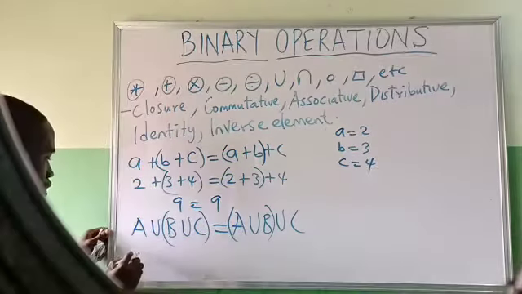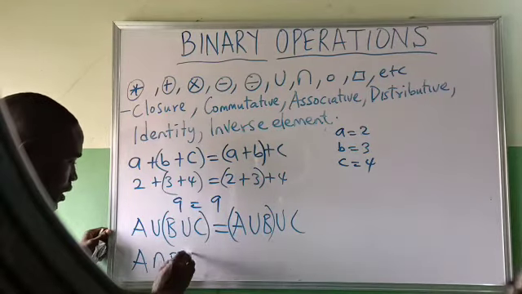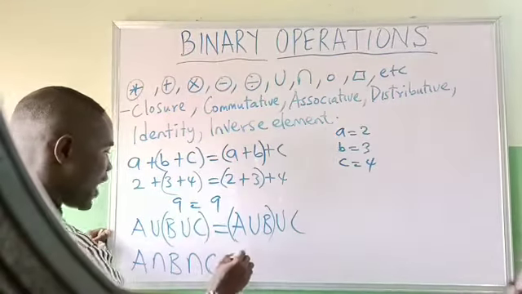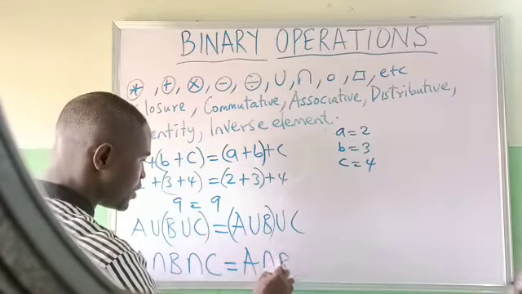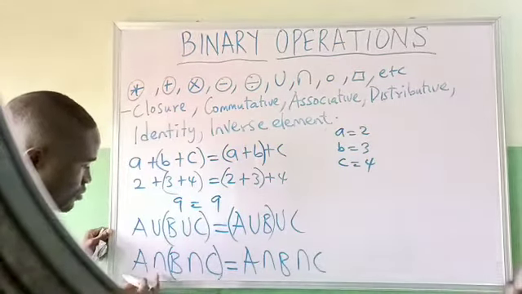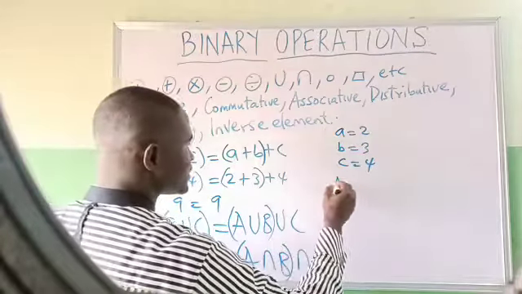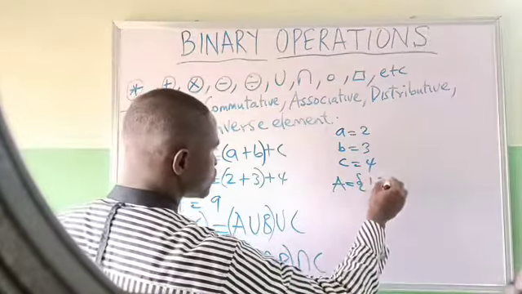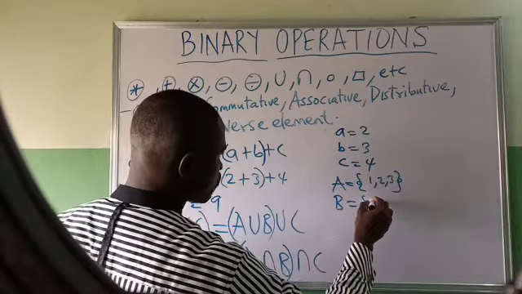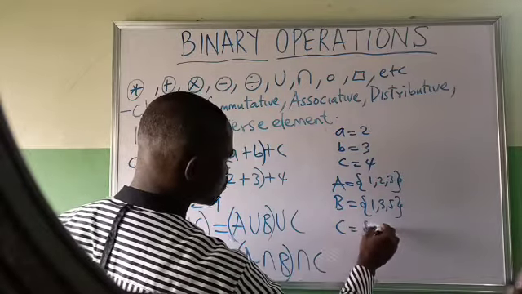It's also important to know that A intersection B intersection C is the same thing as A intersection B intersection C. Let's understand. Let set A be 1, 2, 3, set B be 1, 3, 5, and set C be 2 and 4.